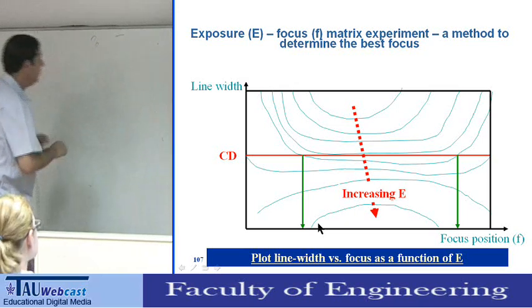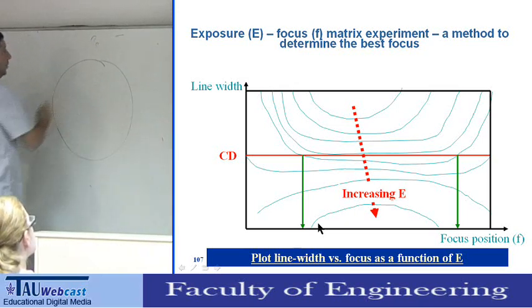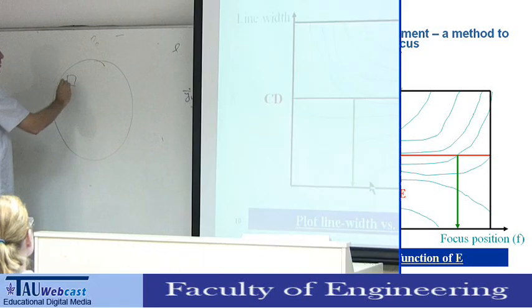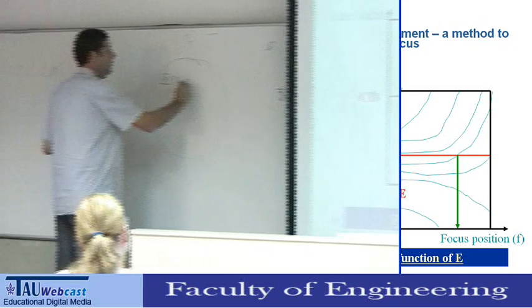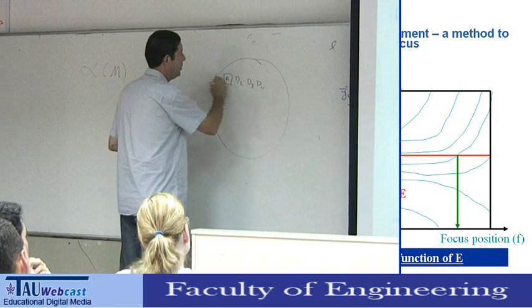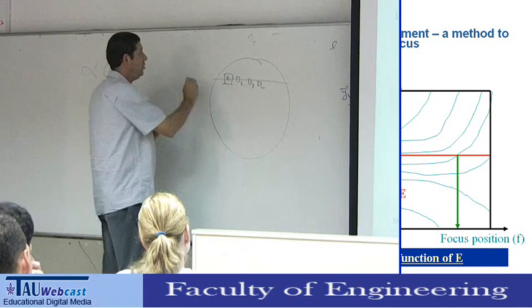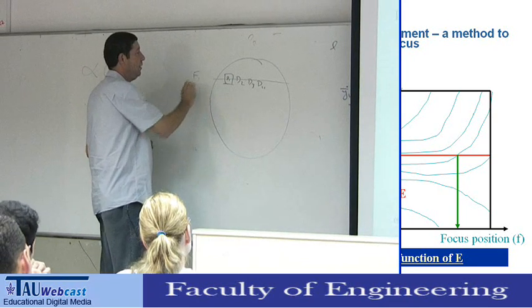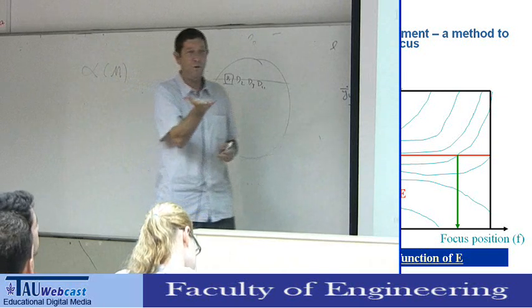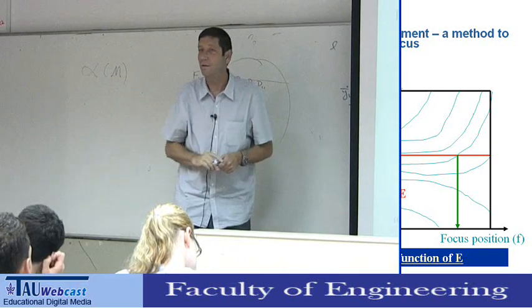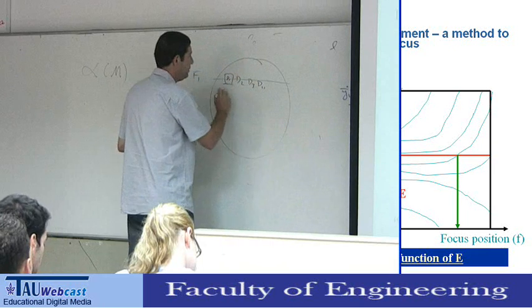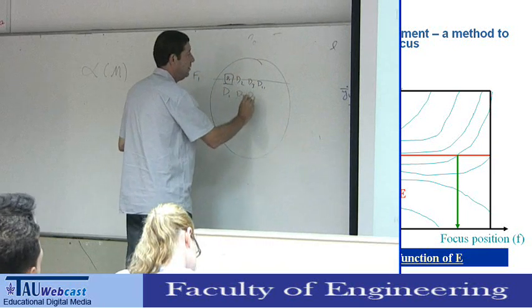And how it's done in practice, you take the wafer, you expose it with doses D1, D2, D3, D4, you expose the line at a certain focus, let's call it F1. Then you take the wafer and move it up a little bit, and repeat, and do all the exposures, D1, D2, D3.